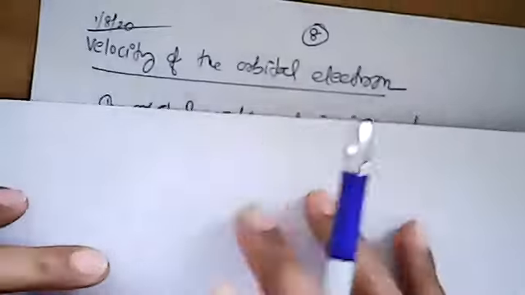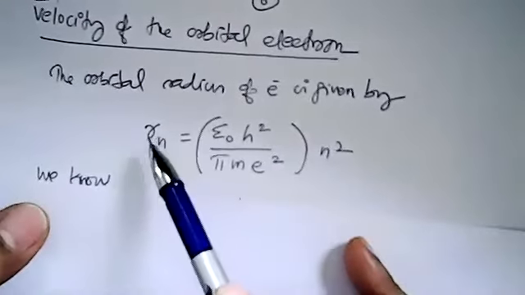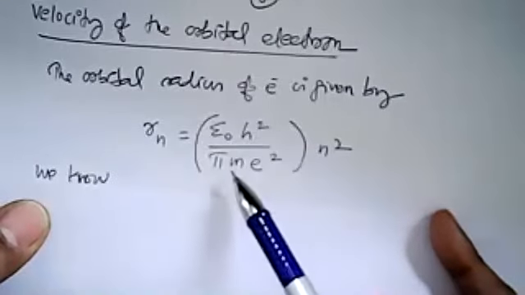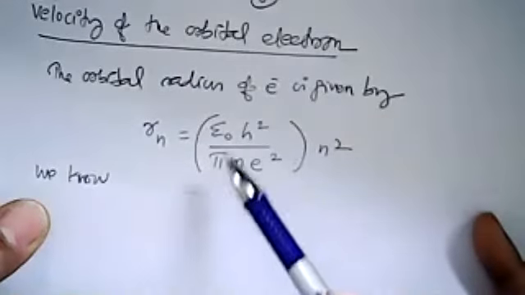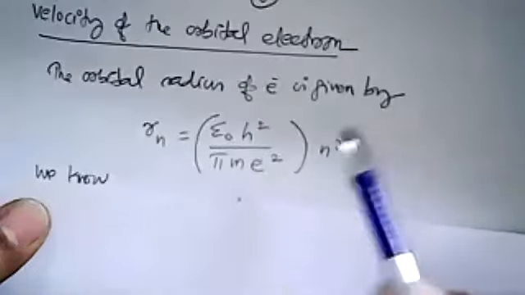Next we will obtain another equation, for the velocity of the orbital electron. We are going to derive an expression for the velocity of the electron in an orbit. Let the electron be in any orbit. We already have this expression, R equal to epsilon 0 h square by pi m e square, a constant, into n square, from equation number 5.